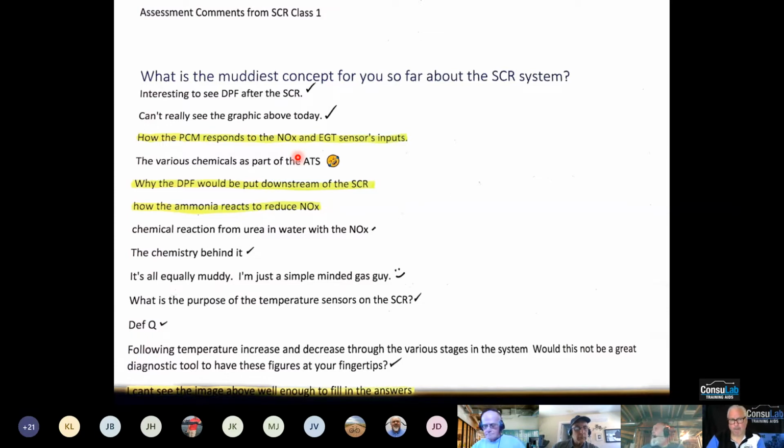So how the PCM responds to NOx and the EGR sensor inputs, that's a whole couple of days of class right there. So you're getting into sensor inputs and outputs when right now I really want to concentrate on the DEF fluid and the selective catalytic reduction.